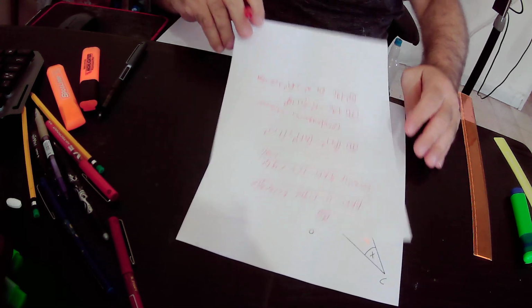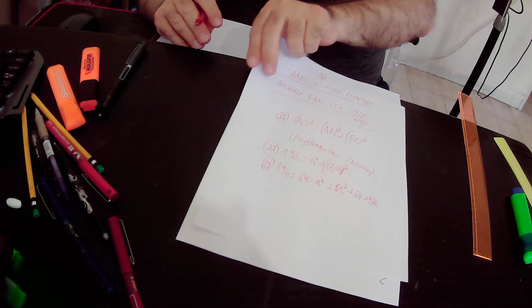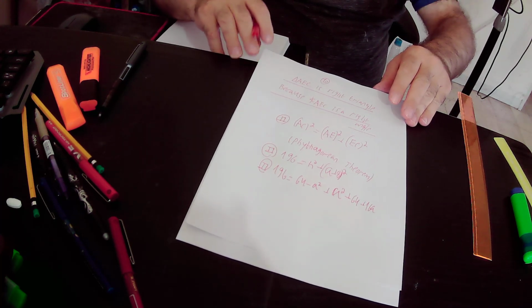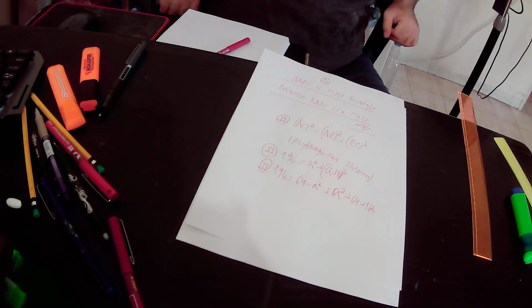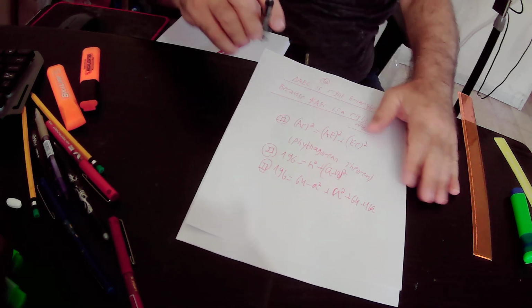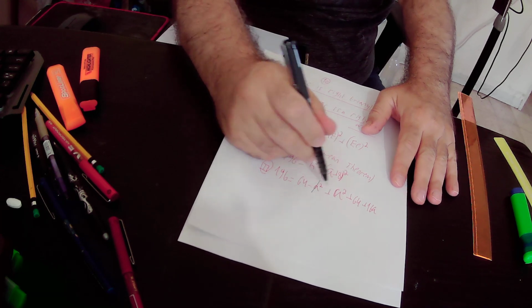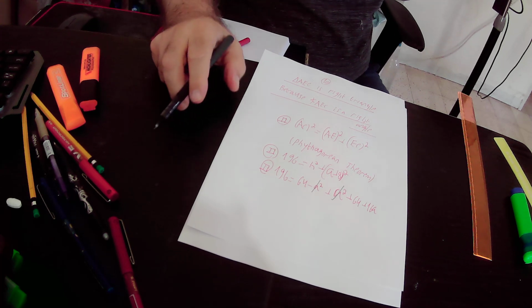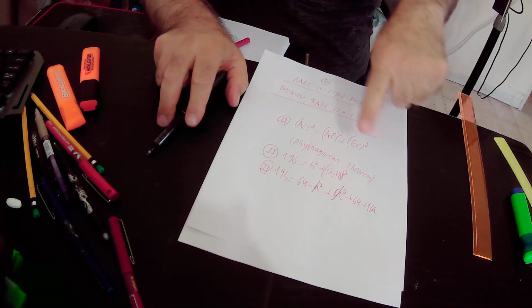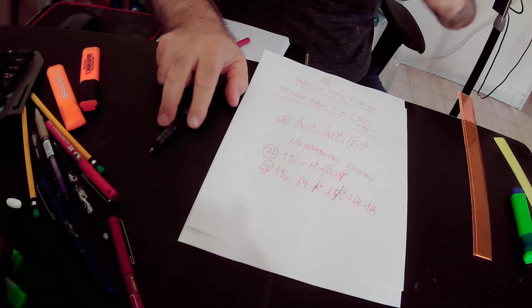So in total we got that 196 equals 64 minus a square plus a square, which is 0, so a square is cancelled, plus 64 plus 16a. So here 64 plus 64 is 128.